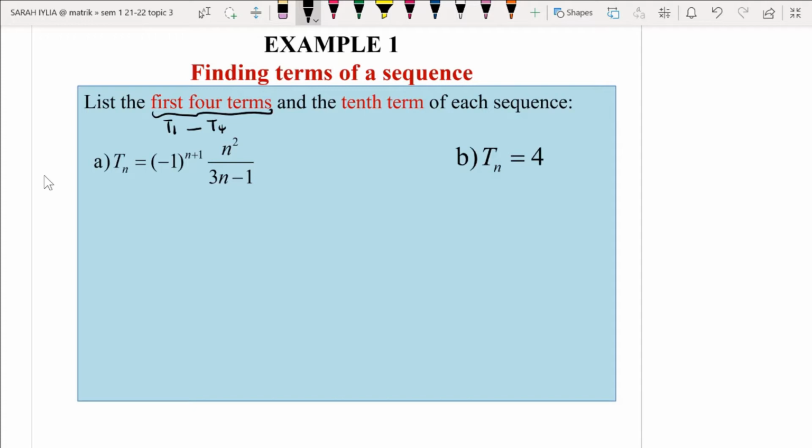Kena nak cari satu-satu. So, first one, T1. If it's T1, maksudnya n tu kita mesti ganti dengan 1. So, dia akan jadi negative 1, n tadi dah jadi 1, so 1 plus 1 squared, times 1 squared over 3 minus 1.